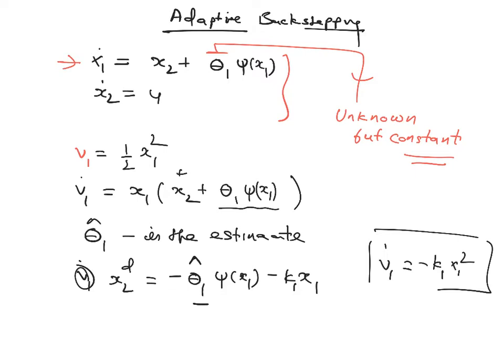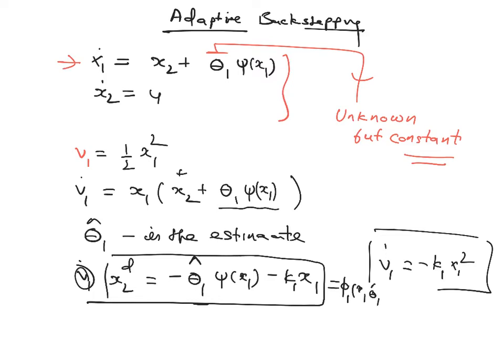For now, this is the best I can do. So x2 desired is a function of x1 and theta 1 hat, phi 1 of x1 and theta 1 hat.